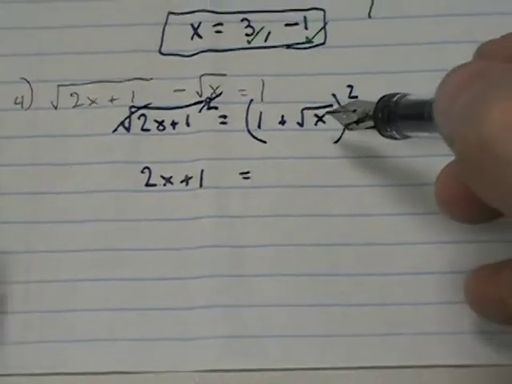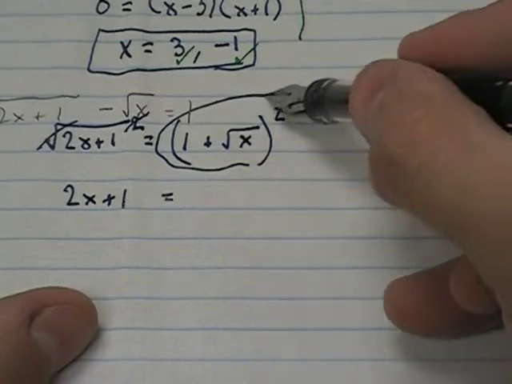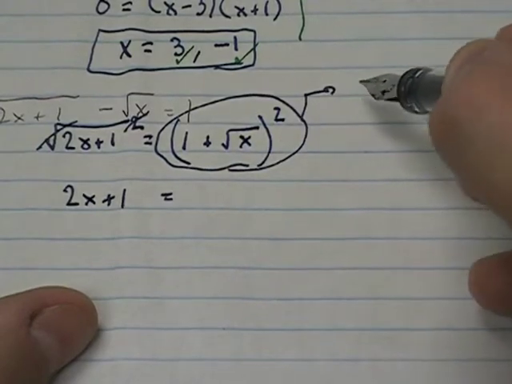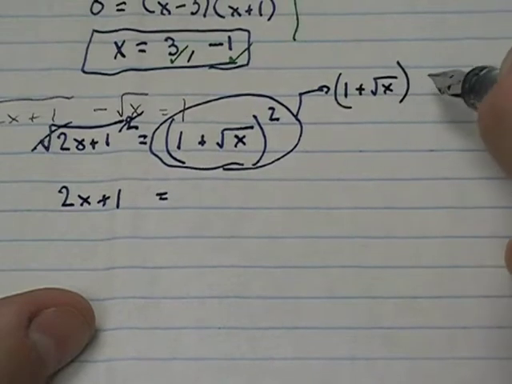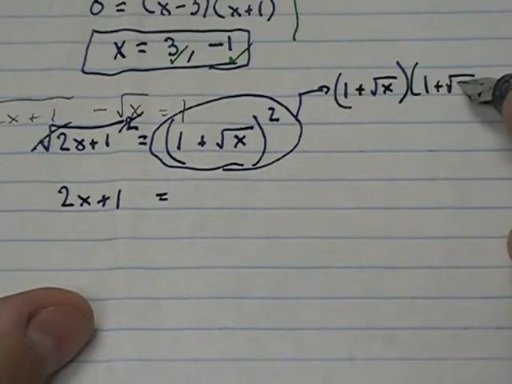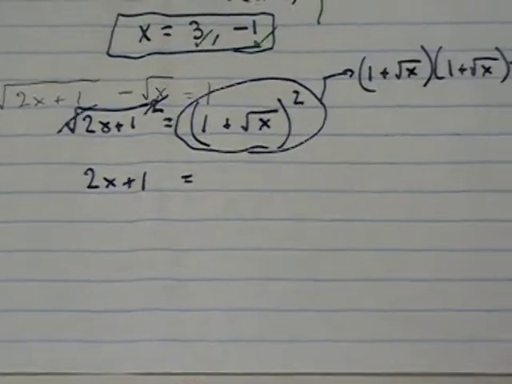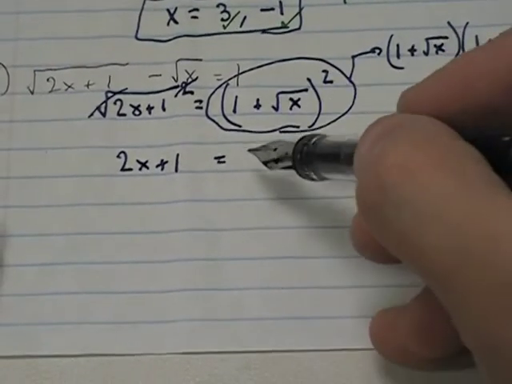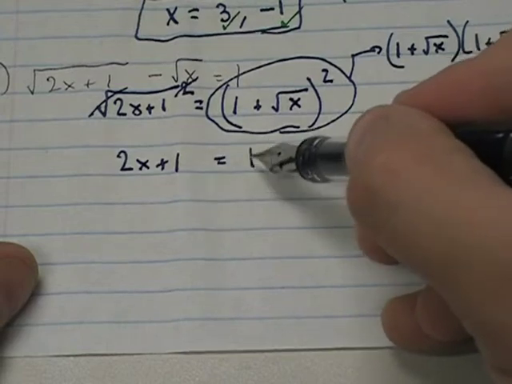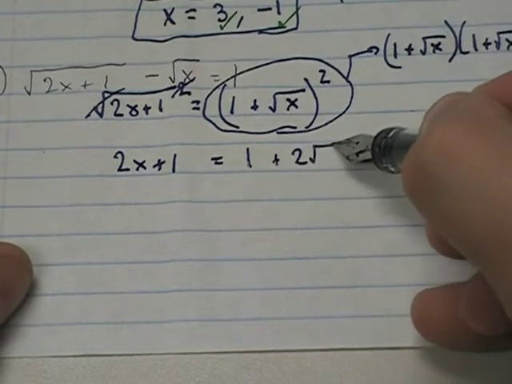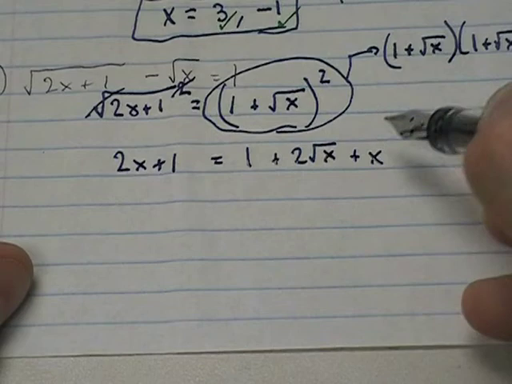For the right-hand side, you've got to remember, this is equivalent to 1 plus square root of x times 1 plus the square root of x. And if I do that multiplication, I'm going to end up with 1 plus 2 root x plus x.